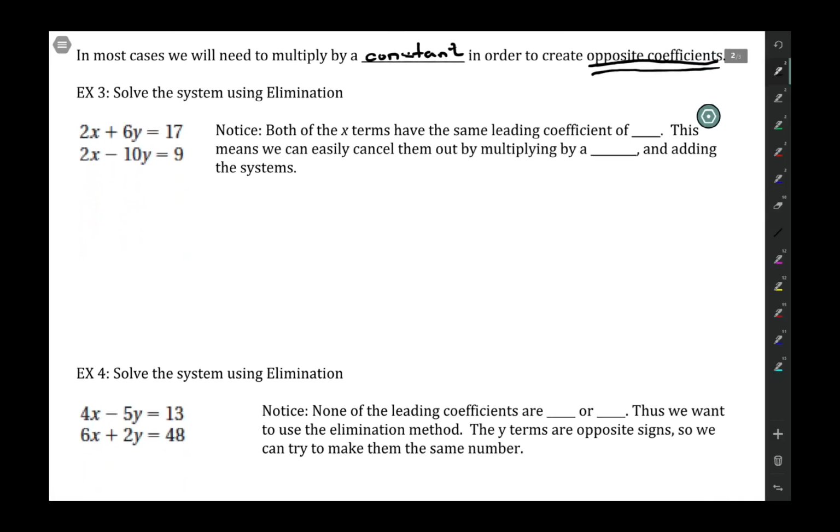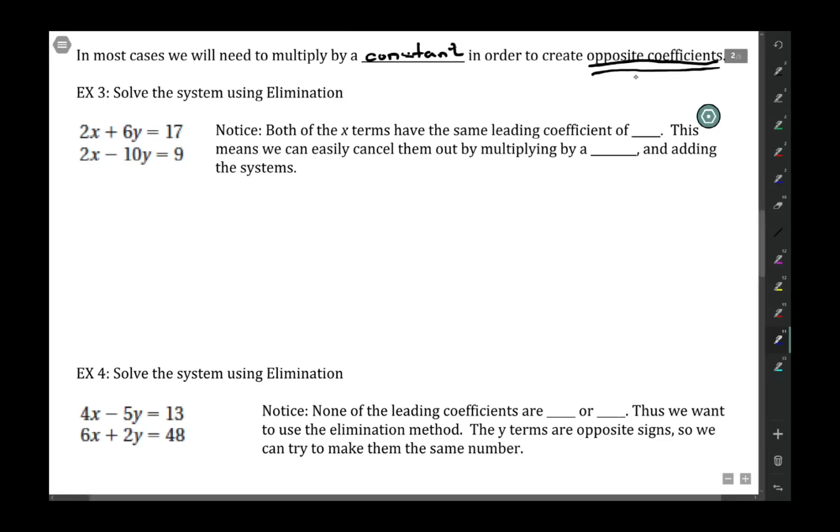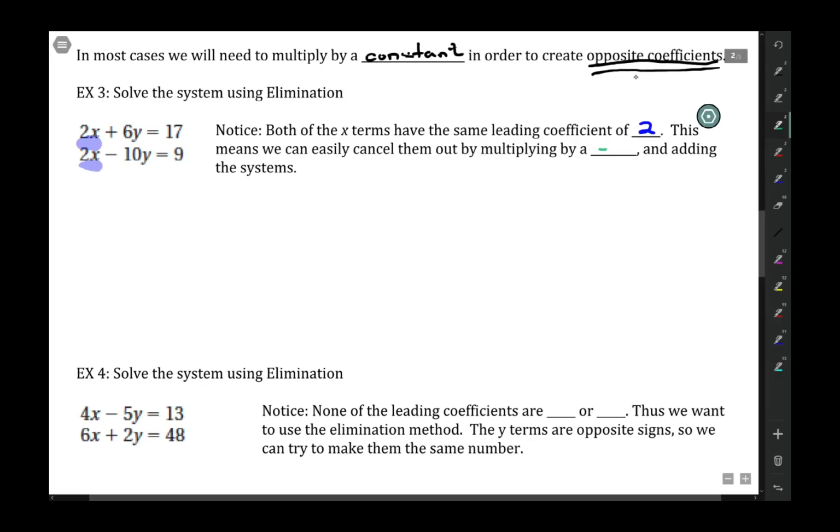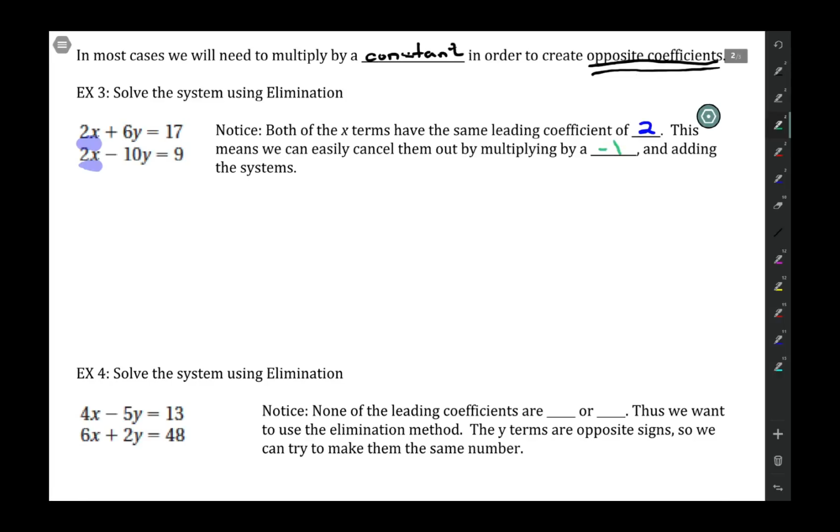Both of our x terms have a leading coefficient of 2. That means we can easily cancel them out if we multiply one of the equations by a -1. So you can again choose. It's all about choices.